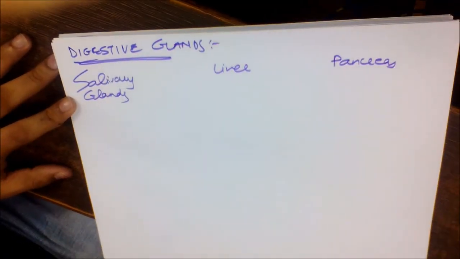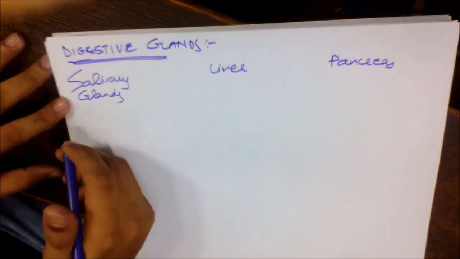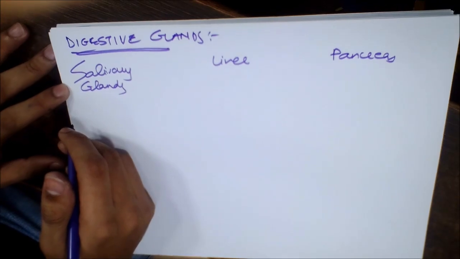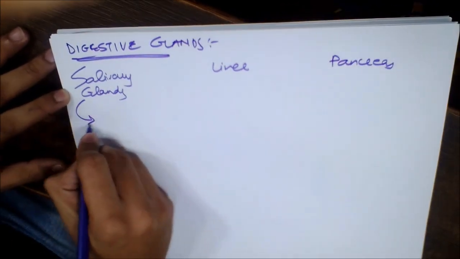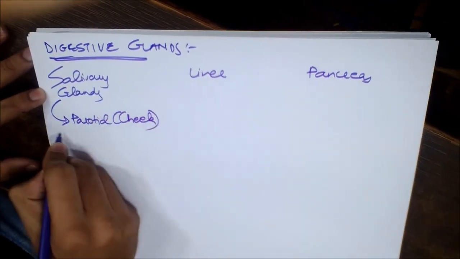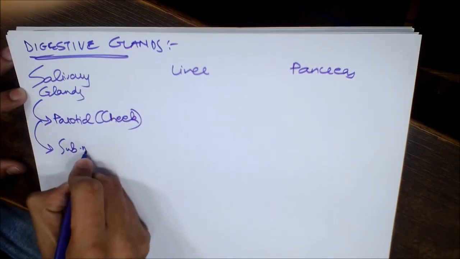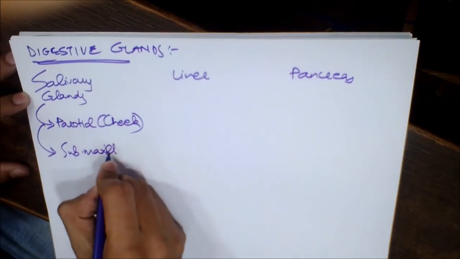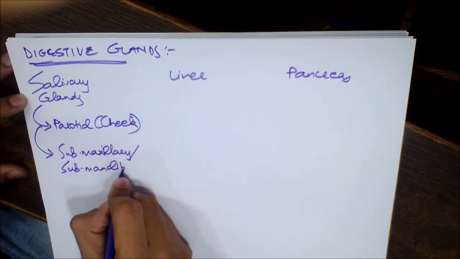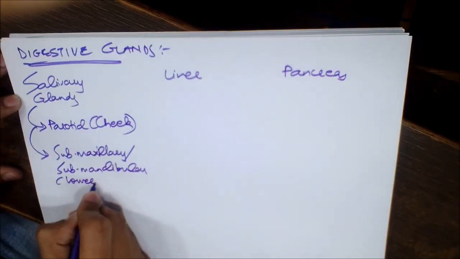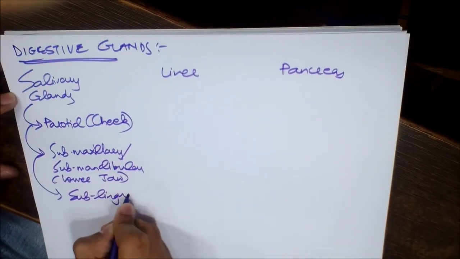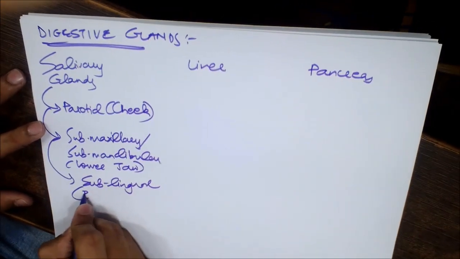The saliva is mainly produced by three pairs of salivary glands: parotids, in the cheek; the submaxillary or submandibular, which are found in the lower jaw; and the sublinguals below the tongue. Parotid, seen in the cheek, submaxillary or submandibular, found in the lower jaw, and sublingual, which we can make out from the name, is found below the tongue.